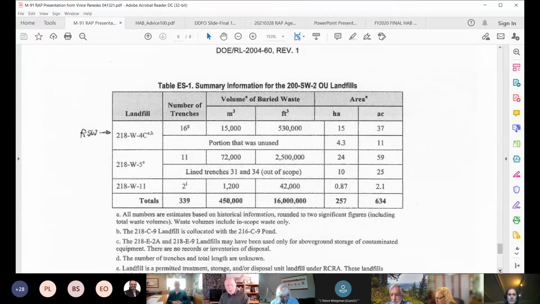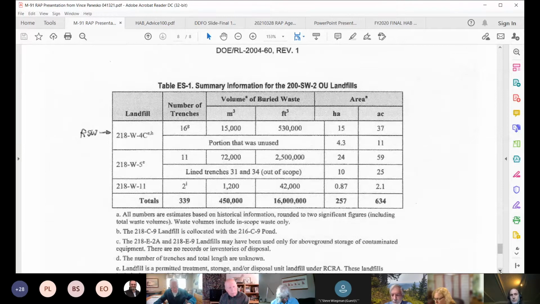Vince, does M91 deal with the remote handled TRU that's potentially in the caissons and pipe tubes in 618-11? Do you know? Because a lot of that waste came from the 300 area, as I understand it. Yes, it does.